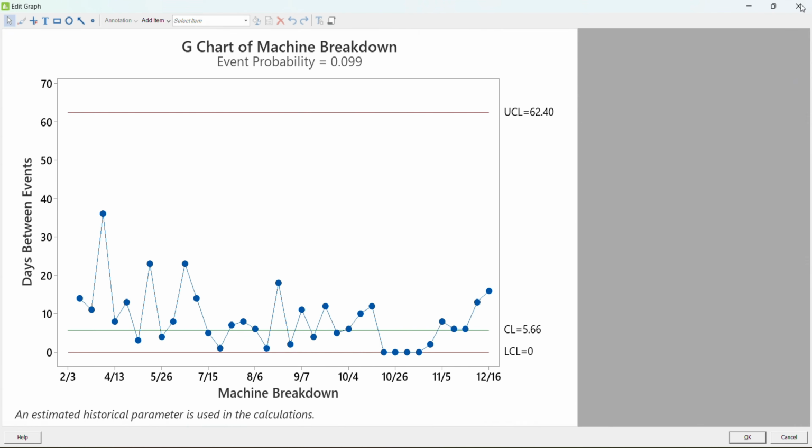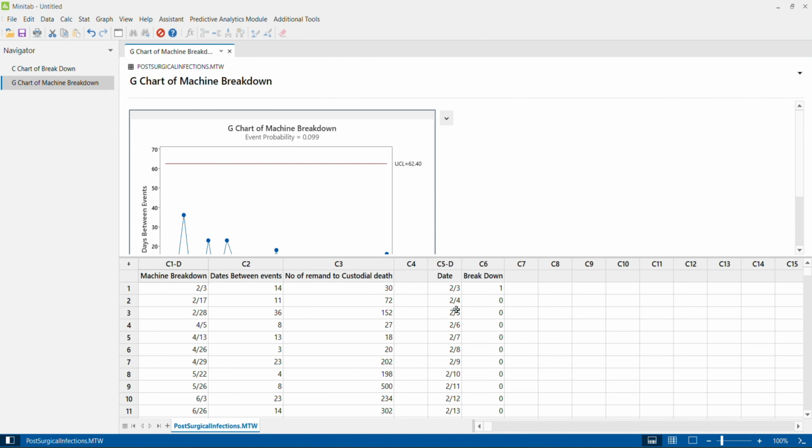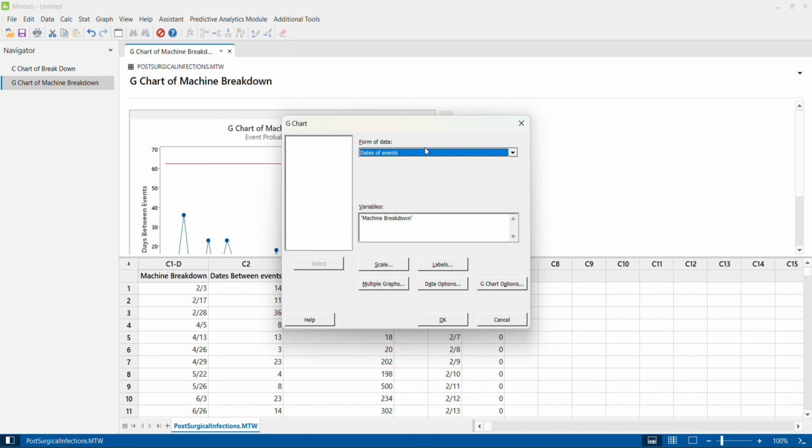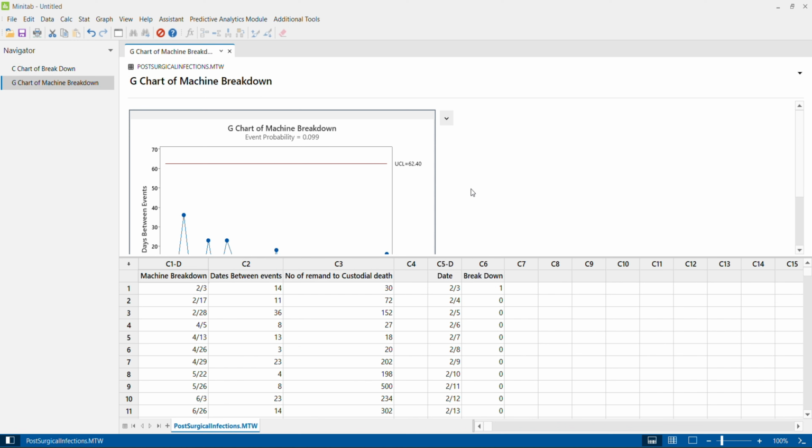Now let me close this graph and show you something else. So when I press Ctrl E, here I have 2 ways of plotting this chart. One, date of event, another one is number of opportunities. Now we can understand this word number of opportunities in 2 ways. As a maintenance team, what is my opportunity? Every day is an opportunity. And if that day there is no breakdown ticket that gets raised, then it's a good day for me. Next day, no breakdown ticket.